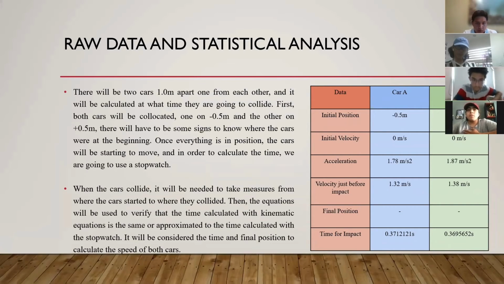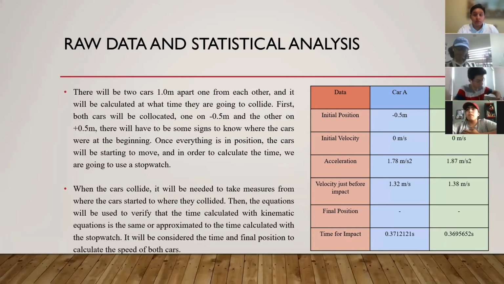Once everything is in position, the cars will start to move, and in order to calculate the time, we are going to use a stopwatch. When the cars collide, it will be necessary to measure from where the cars started to where they collided. Then, the equations will be used to verify that the time calculated with kinematic equations is the same or approximate to the time calculated with a stopwatch.